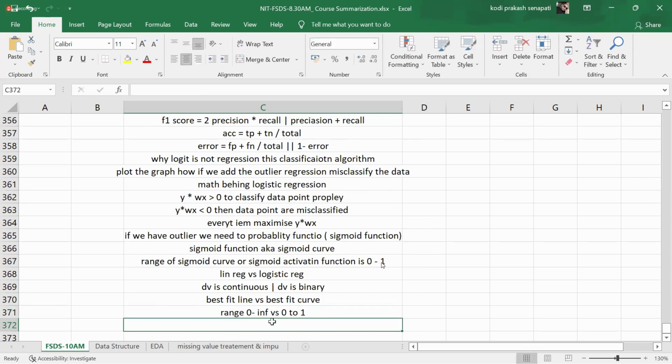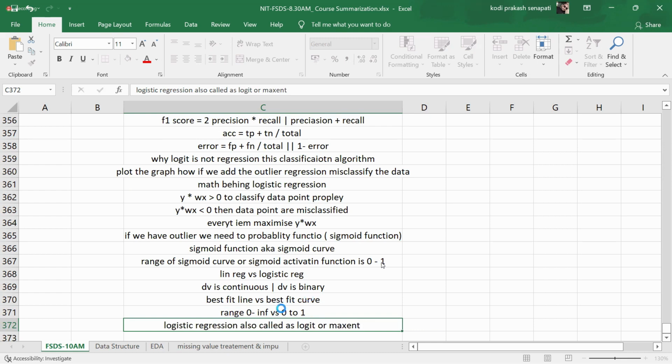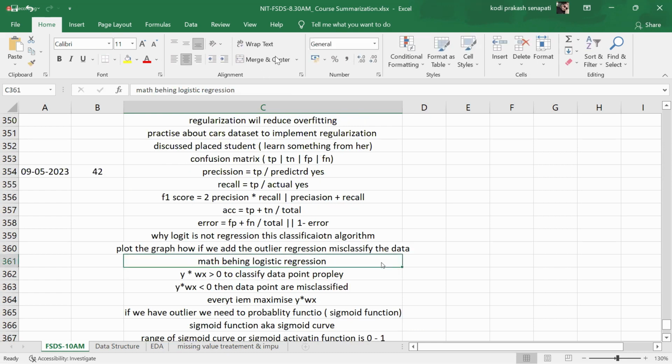Are we clear? So this is also called logistic regression, logit or maxent, because we maximize the data points to reduce the error. Are we clear? Crystal clear?